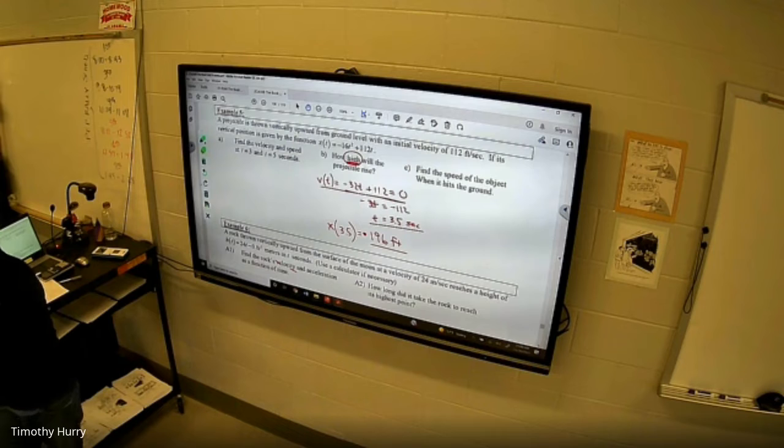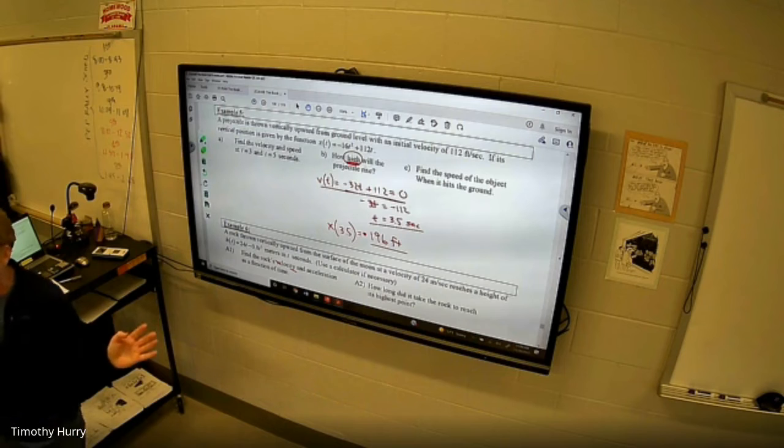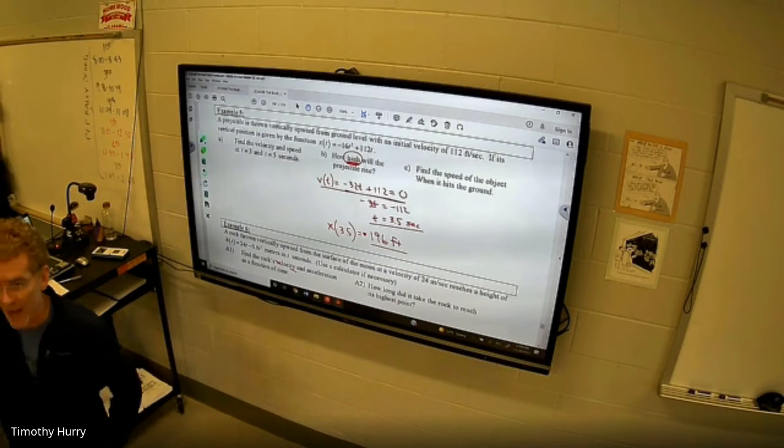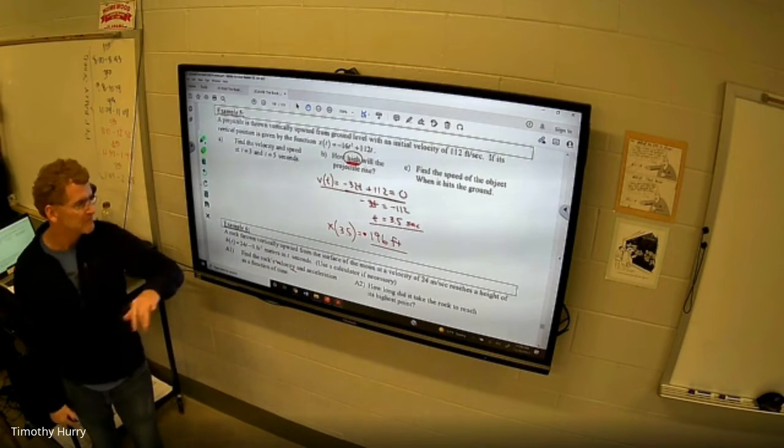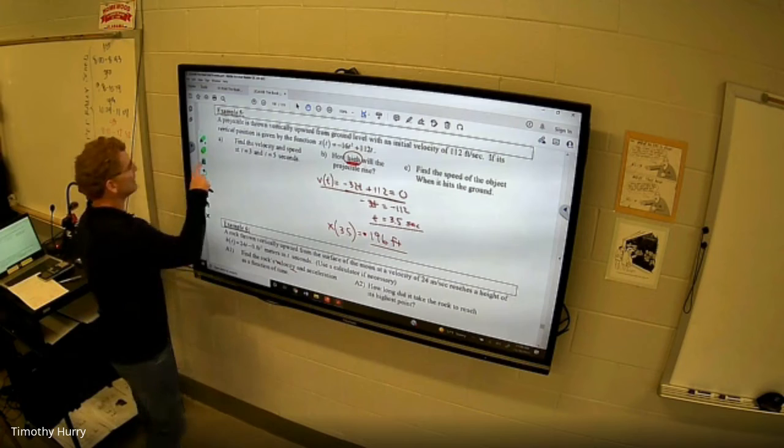There's a terminal velocity you can hit with friction where it can't grow any faster, but we're ignoring all that. We're pretending we're in a vacuum, so with no air friction I could speed up to the speed of light if I fell far enough.